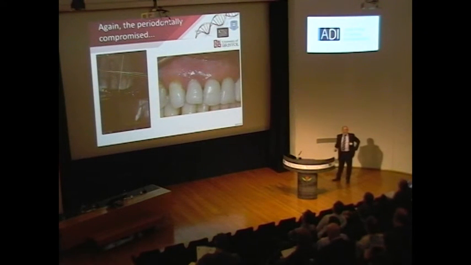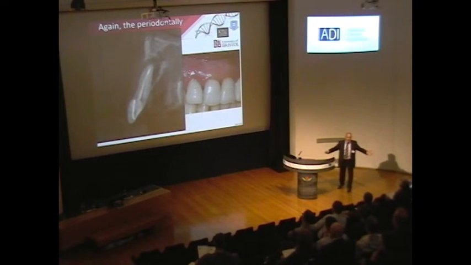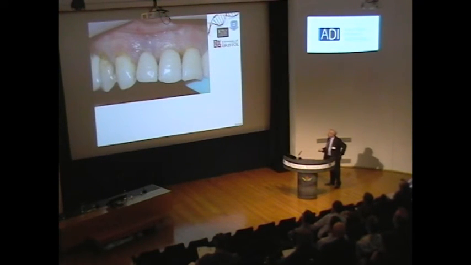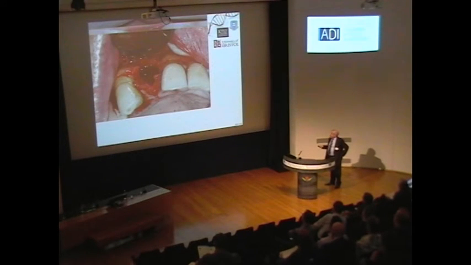Going on from that, we now have the super periodontally compromised patient, and well, nobody's going to do an implant here. I don't think anybody in here is going to do it. This one requires maximum surgery. Well, sort of. Here's our day of surgery, and actually, this is very long ago, and I've only put it in here to show you there really wasn't any bone. You've got massive amounts of granulation tissue, everything preserved.